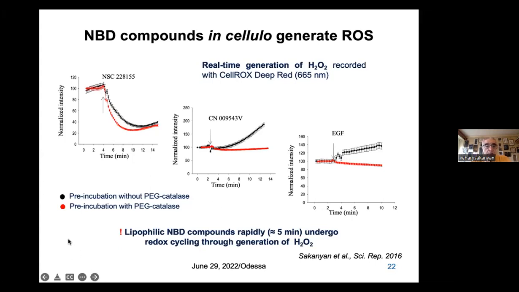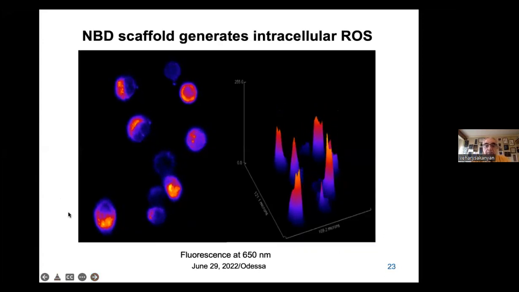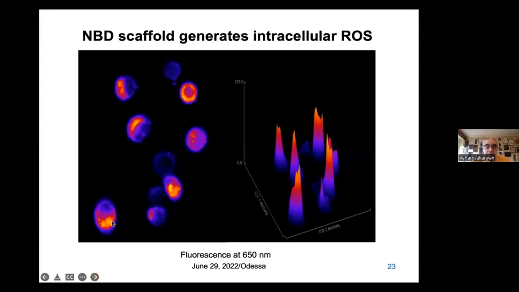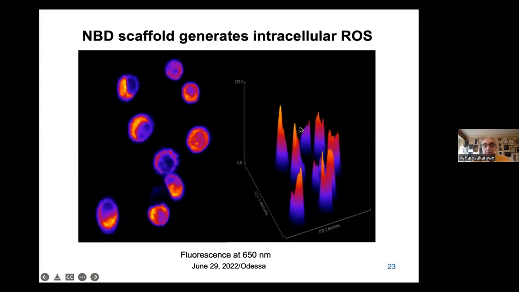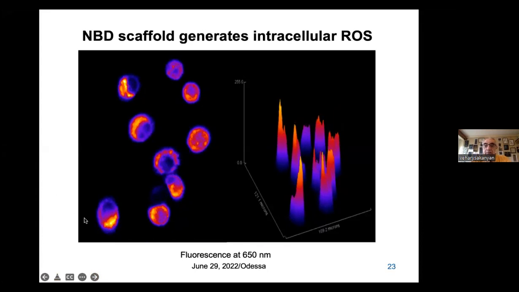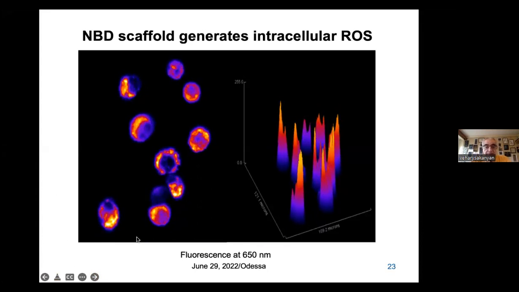So we have a direct proof that hydrogen peroxide is very important to the formation of the reactive oxygen species. Here's the same picture. We can see there is nothing at first, but slowly there is an appearance of the fluorescent signals that highlight that the molecule is active in the cells.